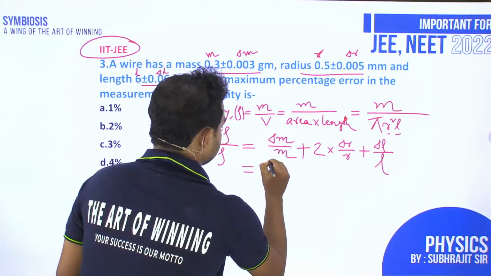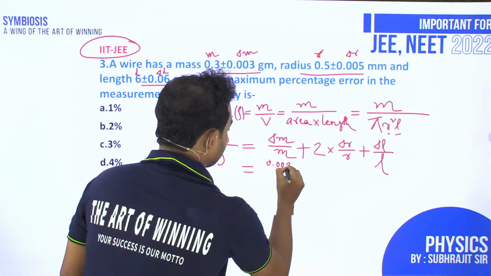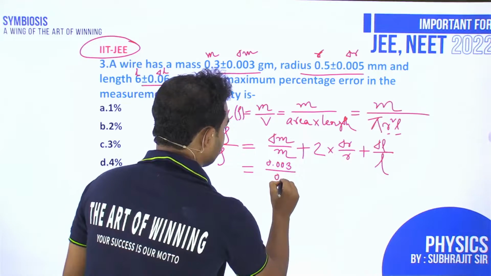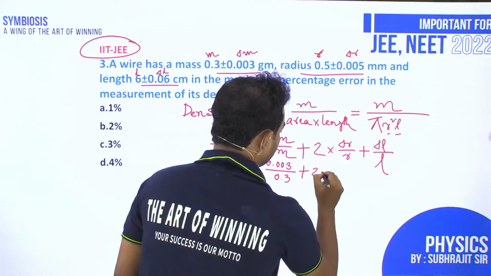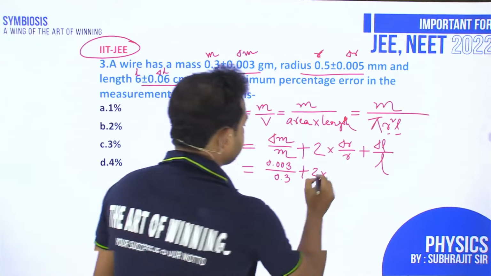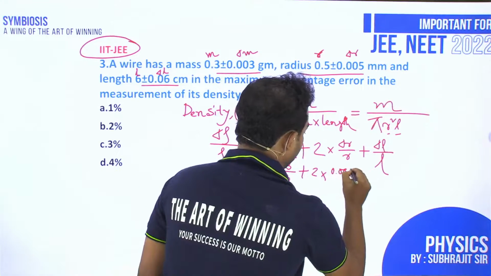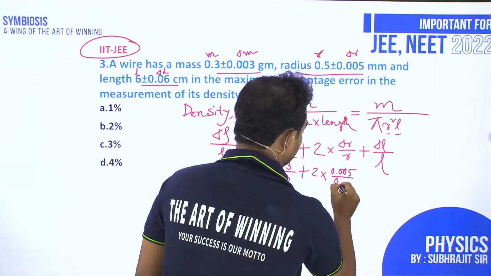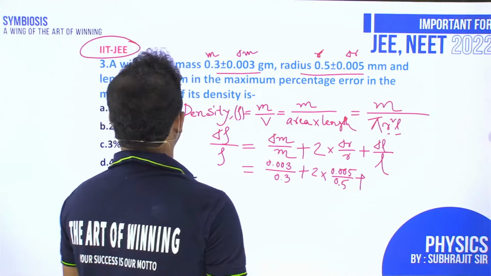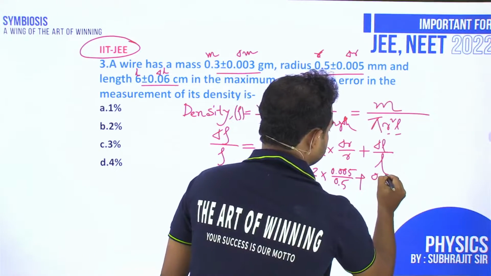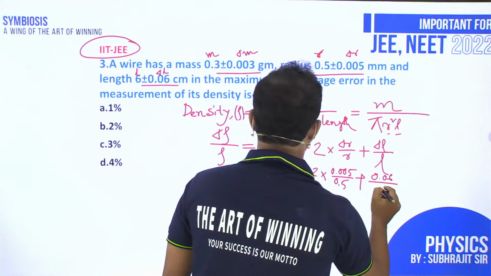So here this is 0.003 divided by 0.3, plus 2 into del r, that means 0.005 divided by 0.5. Got it? Plus for del l, 0.06 divided by 6.